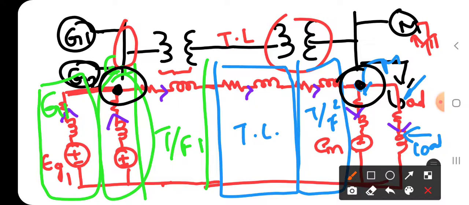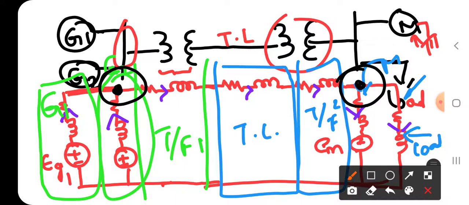Therefore, the buses can be treated as nodes, and the voltages of all buses, that is nodes, can be solved by the node analysis technique, that is, you can apply KCL.